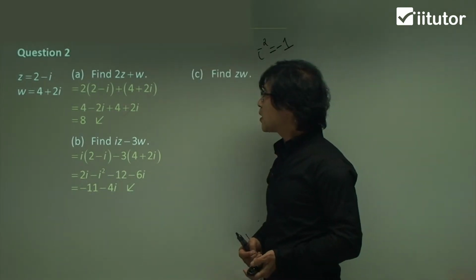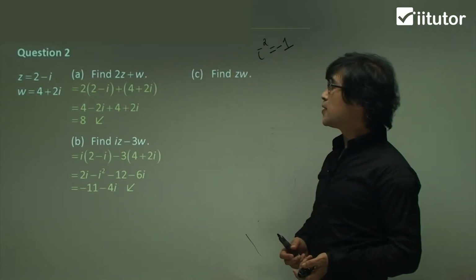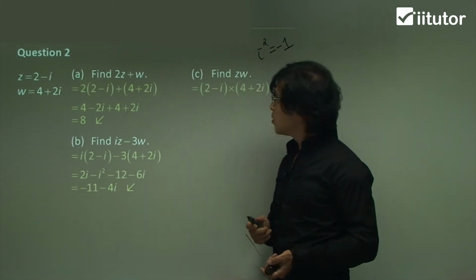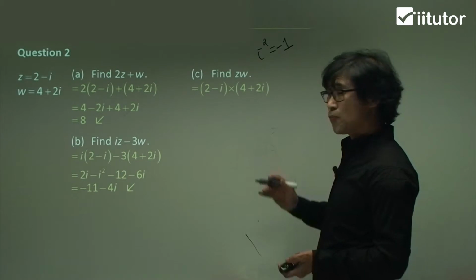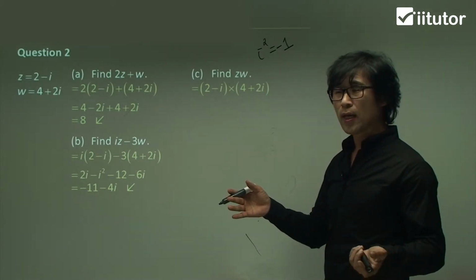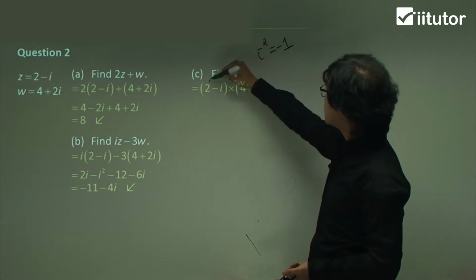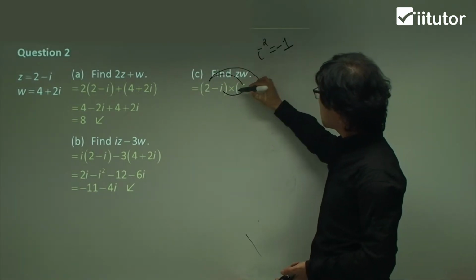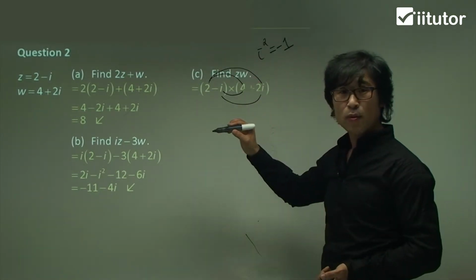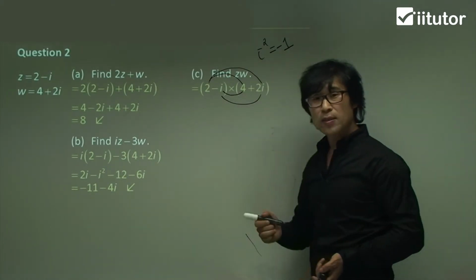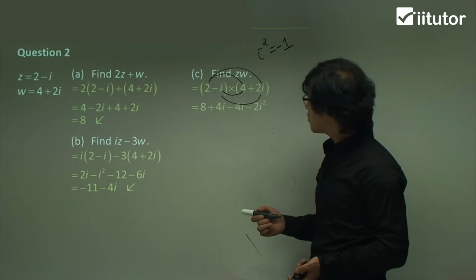Okay, next question, part C, z times w. Multiply those two. Well, if you multiply those two, do as usual, as you did in the past. So this times this, this times this, this times this, and this times this. So the result of that simple expansion will be this one.